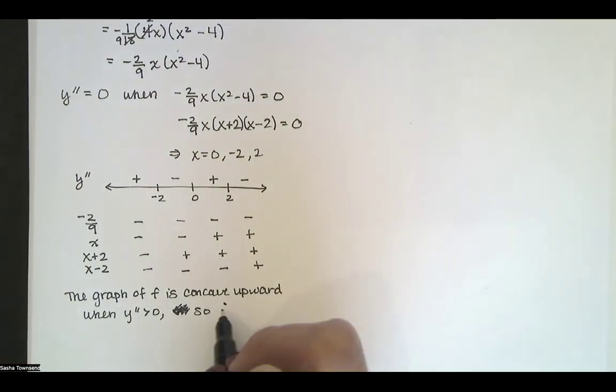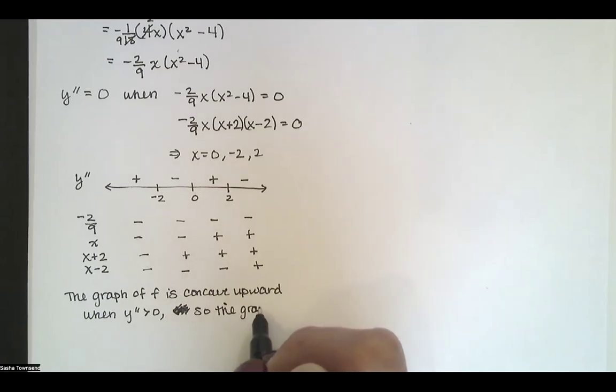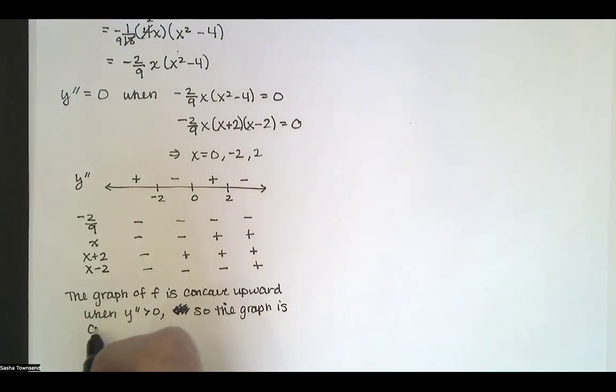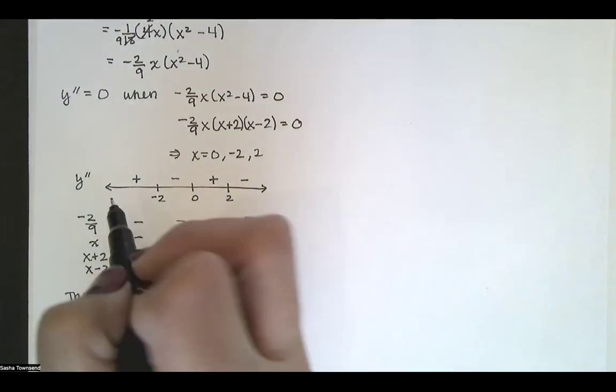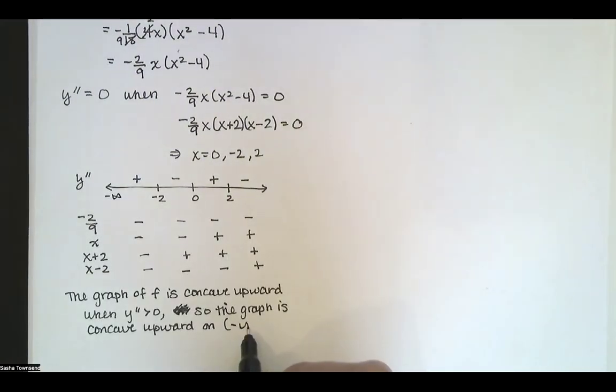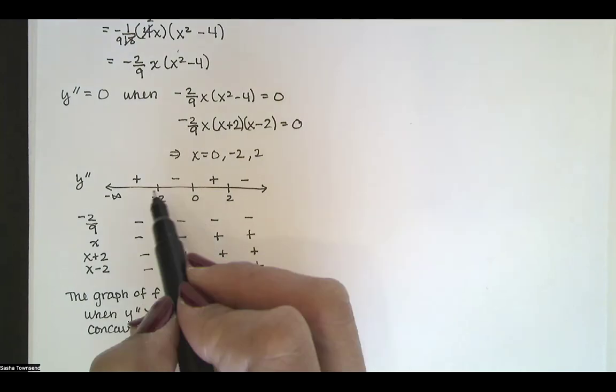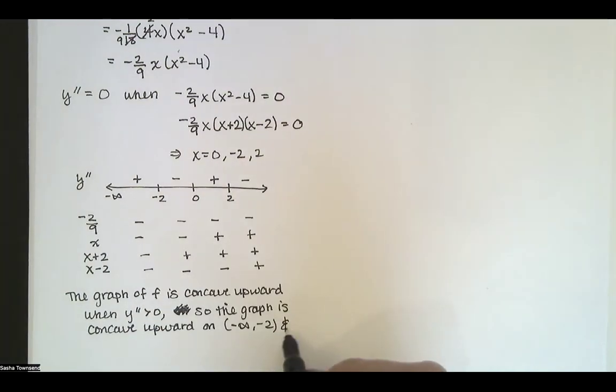So the graph is concave upward on -∞ to -2 and 0 to 2.